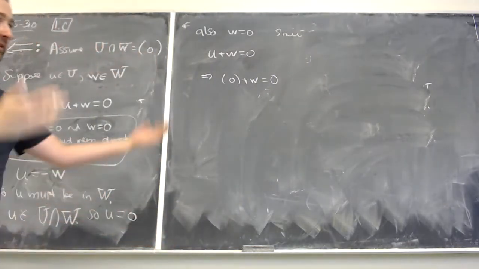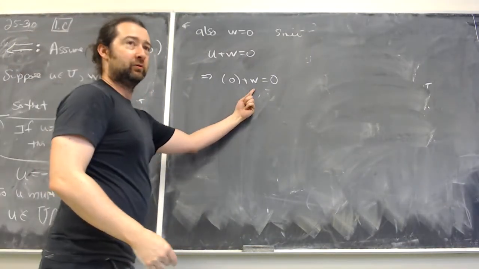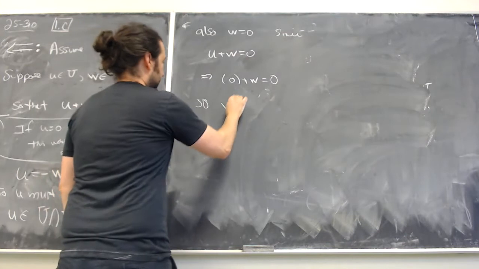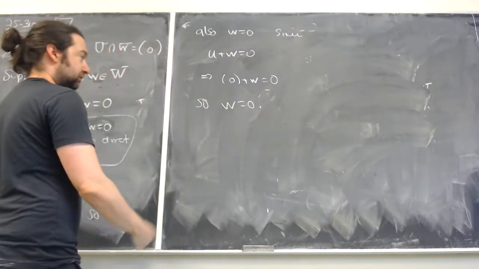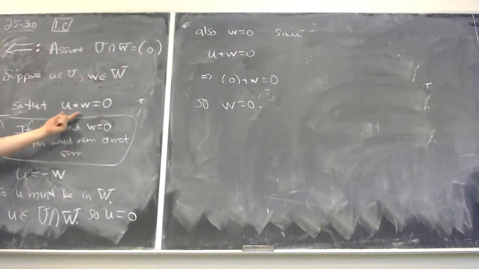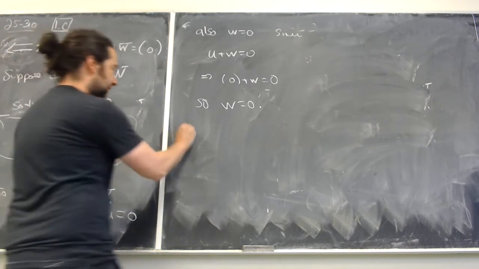We know that's the only vector that makes that true is the 0 vector. So w is equal to 0. And so that means that if we had a representation of the 0 vector, it was a bunch of zeros added together.